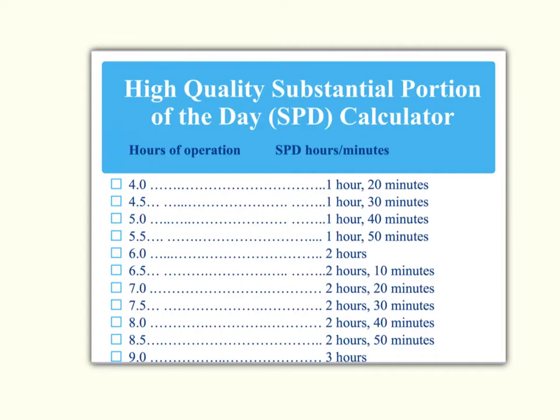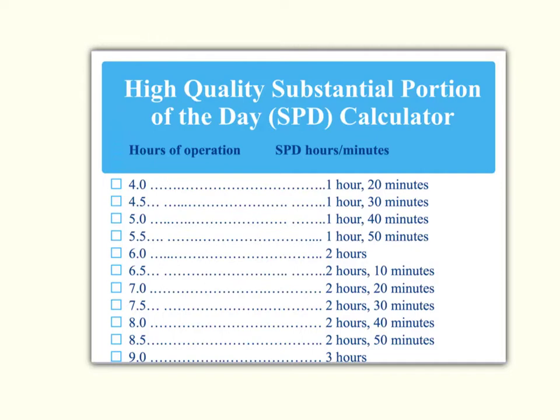So what you do is first you have to calculate the amount of time that the center is open. And so please remember for this one, you're going from 6:30 in the morning to 6 o'clock at night. So once you have determined how long the center is open, then all you basically have to do is follow the dots across, and it tells you what your substantial portion of the day should be.